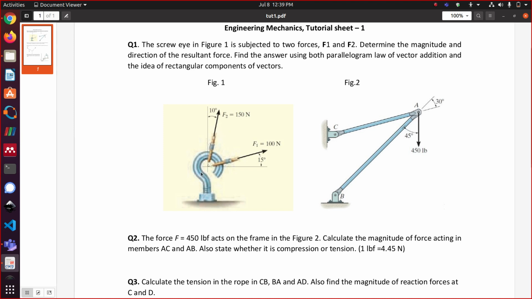You will find out the equilibrium equations for a particular joint. You will say net force should be 0. If something is in equilibrium, then external force should be 0. That means that net force in x direction should be 0, net force in y direction should be 0. So you list out all forces, positive and negative forces, say that sum is 0, and you find the unknowns. So that's the same thing we are going to do here.